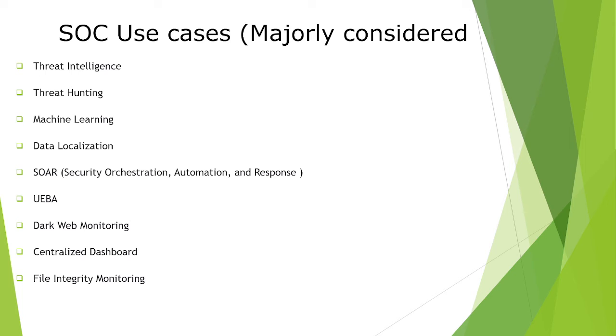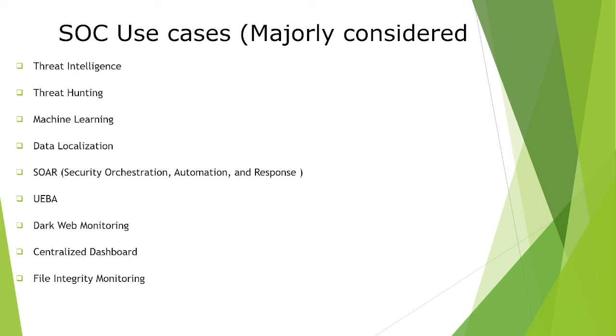And dark web monitoring. I don't think the dark web monitoring feature comes within the SIEM tool itself, but still some SIEM tools give an option to integrate a dark web monitoring tool with SIEM.